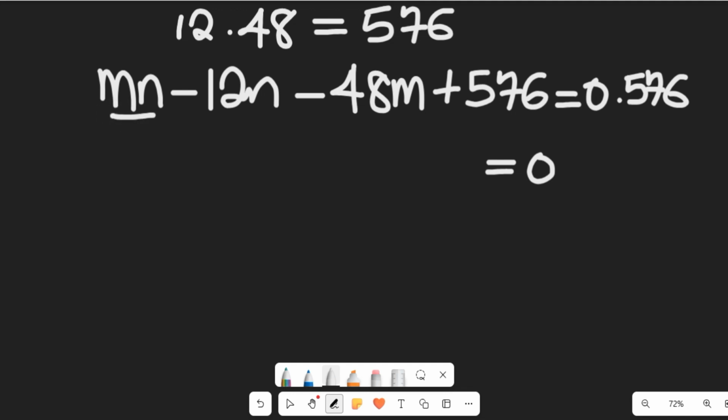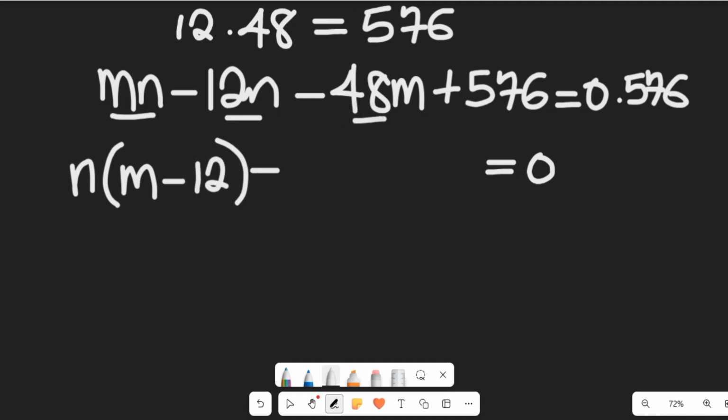The common term here and here is n, so we bring out n. mn divided by n gives us m, minus 12n divided by n gives us 12. The next thing is to find the common thing between this and this. The common thing is 48. 48m divided by 48 gives us m, minus 576 divided by 48 gives us 12.